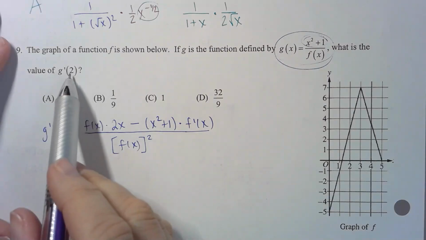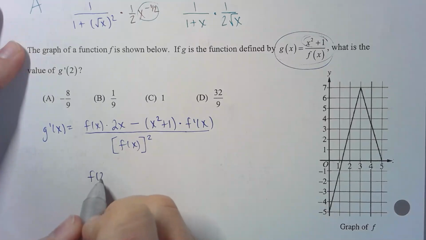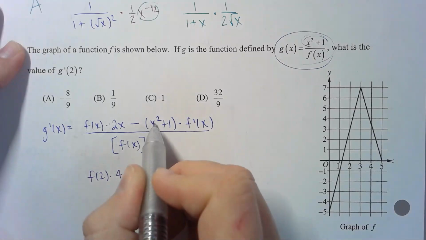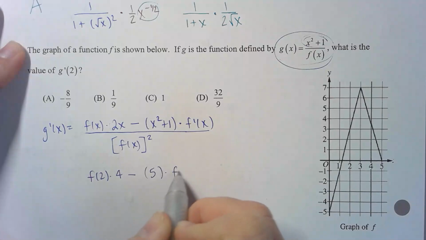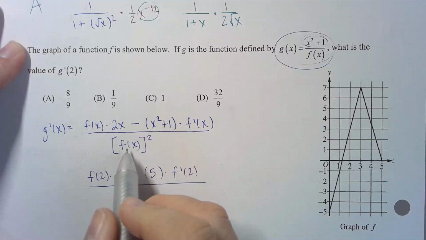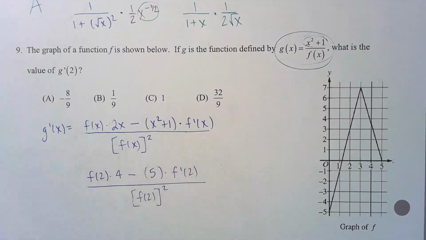All right, so we're ready to go plug a 2 in for every x. So I have f of 2 times, well, that's going to be a 4 now, minus, if I put a 2 in here, I get a 5 times f prime of 2 all over f of 2 squared.